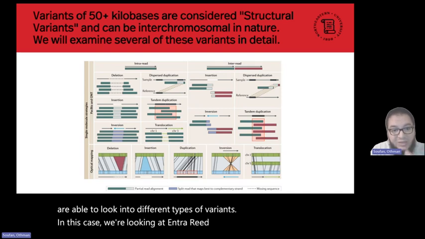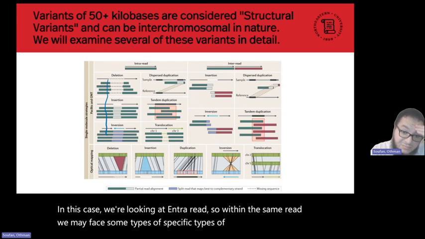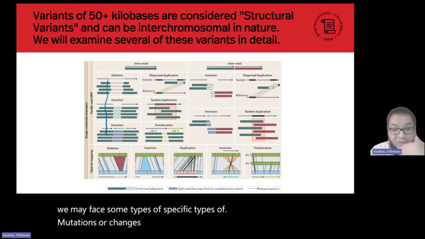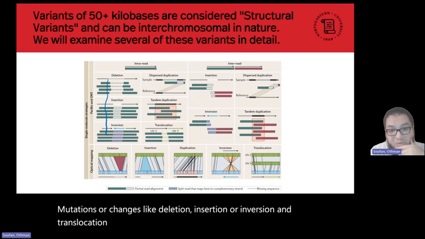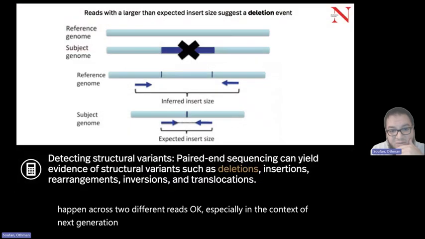So within the same read, we may face specific types of mutations or changes like deletion, insertion, or inversion and translocation, so on and so forth, as compared to other types that could happen across two different reads. Okay, especially in the context of next generation sequencing.